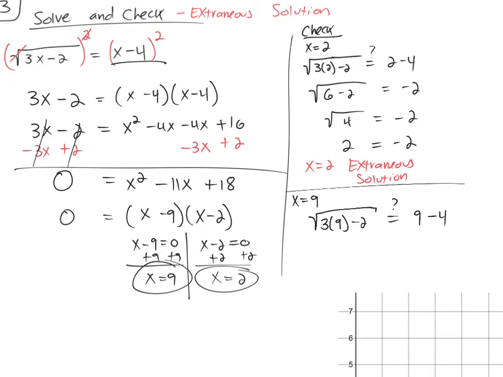Is that a true statement? So we'll see. That is 27 minus 2. Does that equal 9 minus 4? That's 5. Yeah, that's going to be a lot better. Does the square root of 25 equal 5? Yeah, 5 does equal 5. And so this is our only solution. x equals 9 is our only solution here.